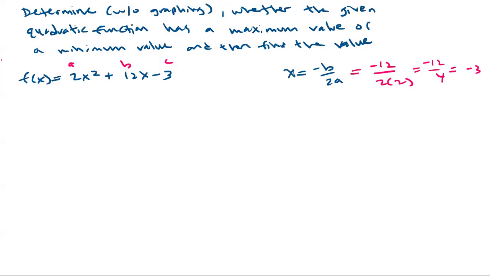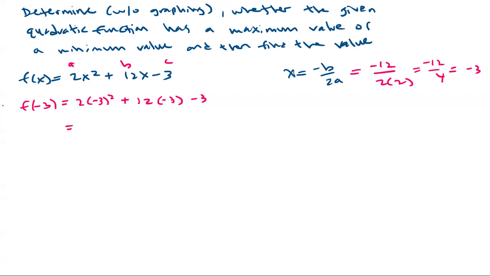So then we need to find out what the value is at x equals negative 3. That means we need to plug that x number into our function. So we're going to have f of negative 3 equals 2 times negative 3 squared plus 12 times negative 3 minus 3.